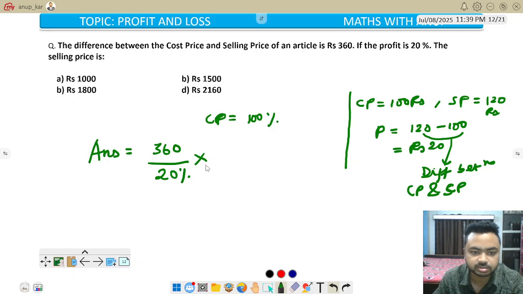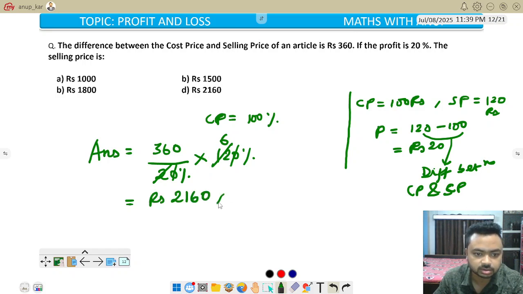It will obviously be 120%, as I have explained in the previous problems. So the selling price will obviously be rupees 2160. I hope it is clear.